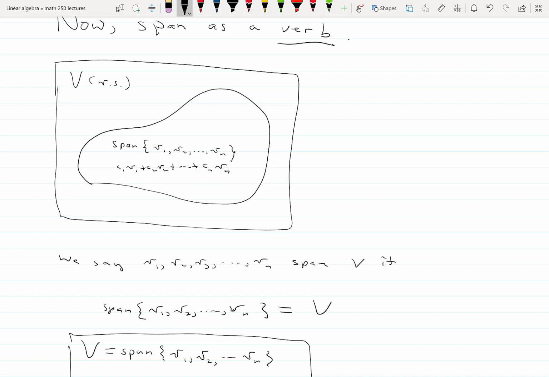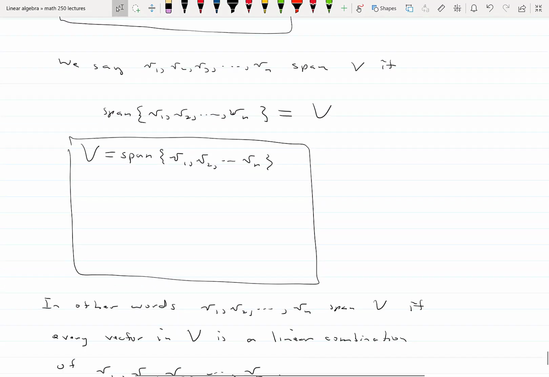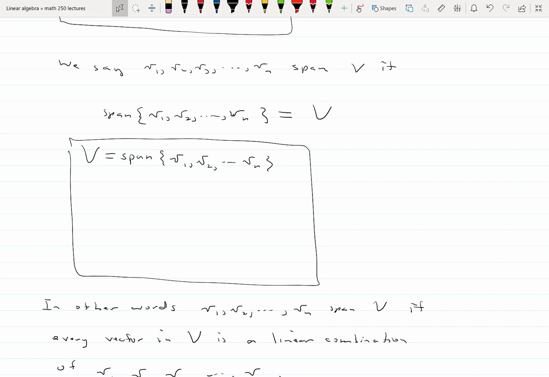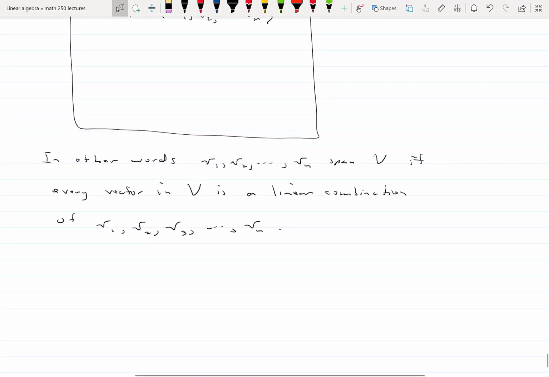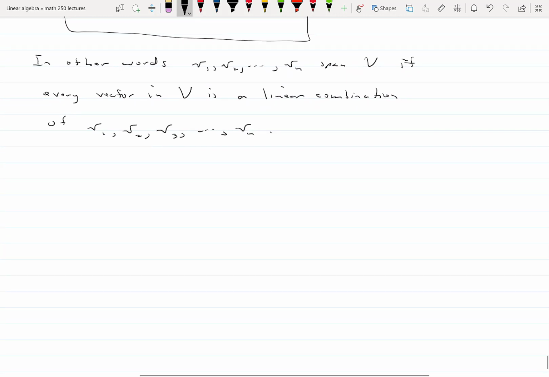Now, if that portion equals the whole vector space, then you have those vectors spanning, as a verb, the vector space. They completely cover the vector space by linear combinations. If every vector in the big master vector space is a linear combination of those. Okay, hopefully this will become a little more clear with our last examples here.